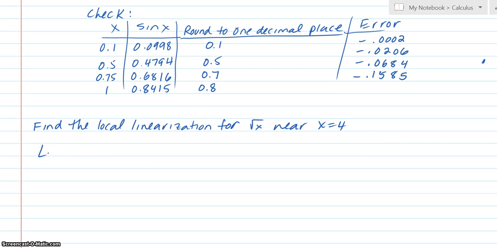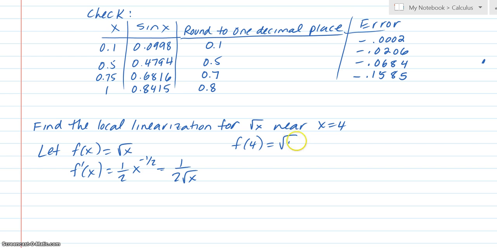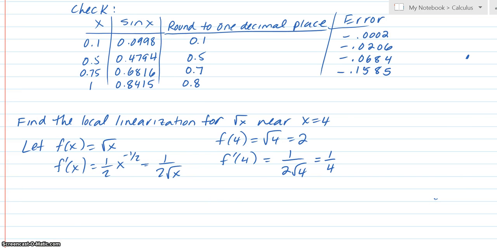So again, I'm going to let f of x equals square root of x, and then I'll take the derivative. We know it's 1/2 x to the negative 1/2, or 1 over 2 square root of x. We're near x equals 4, so f of 4 is 2, and f prime of 4 we know is 1 over 2 square root of 4, which happens to be 1 over 2 times 2, which is 1/4.